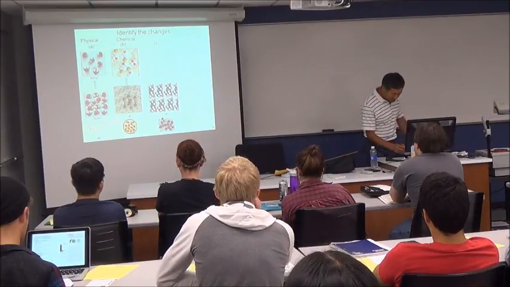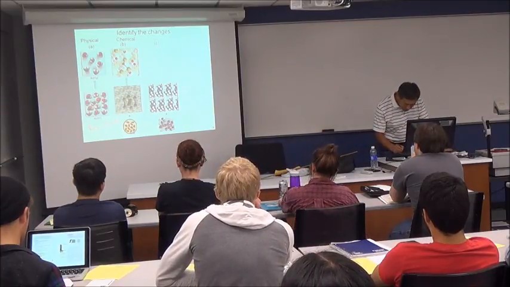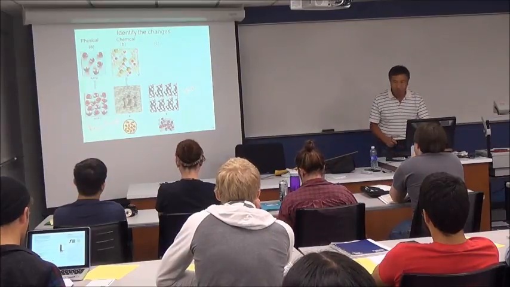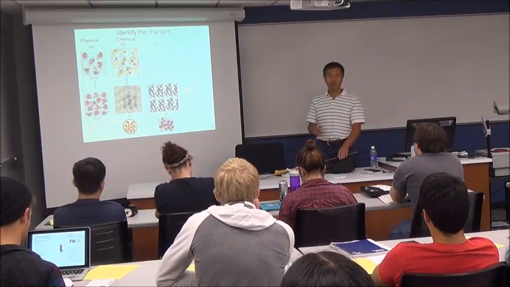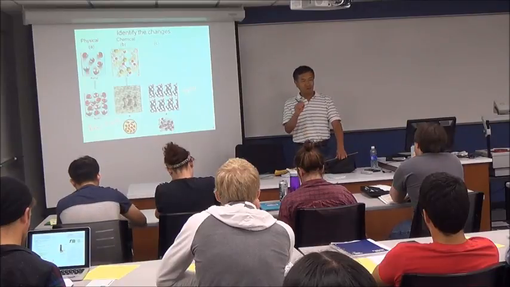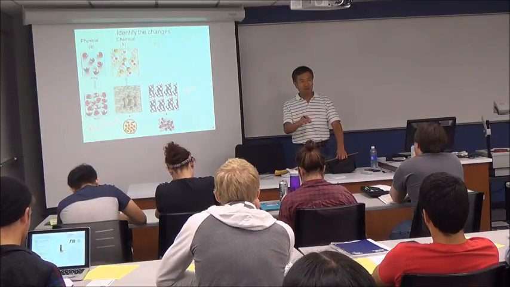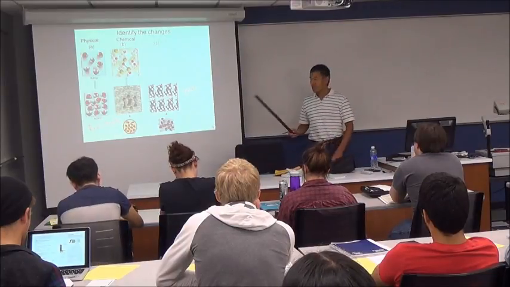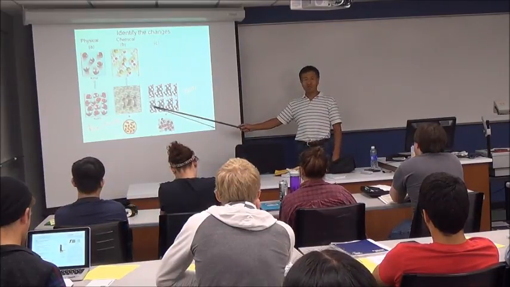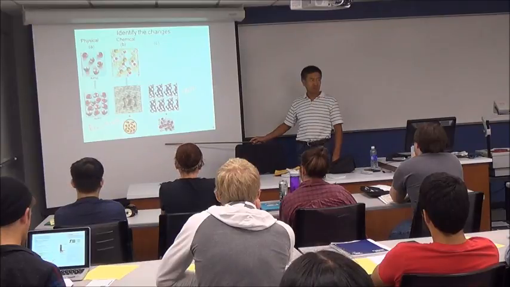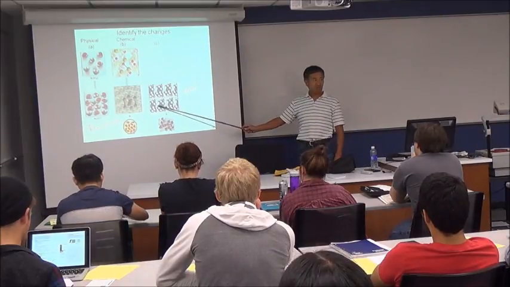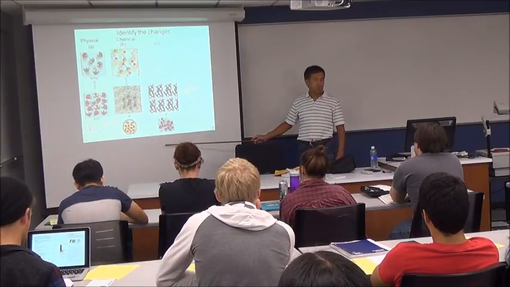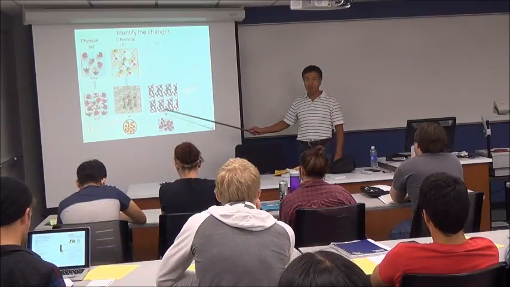When you see table sugar, you see those shining crystals. So again, this is a pure substance, and this is also a pure substance. In particular, this pure substance is a compound, and this one is also a compound. So you have two compounds.